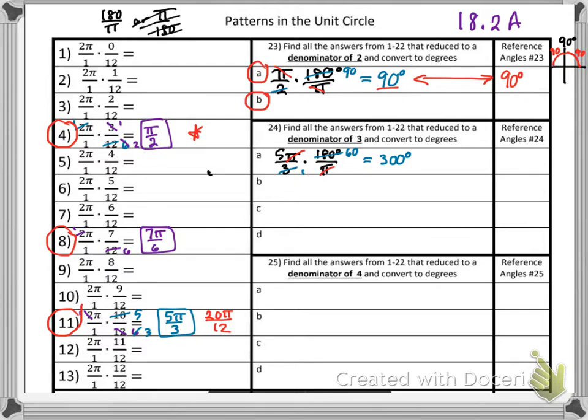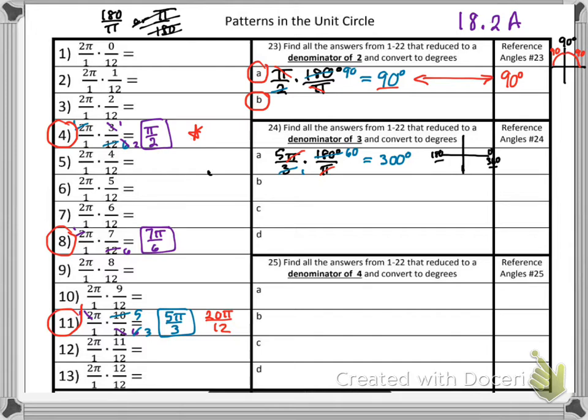Again, you don't have to draw the picture, but let's think about this. 0, 180, 360. And even without drawing it in, I know that 300 is closer to 360 than it is to 180.